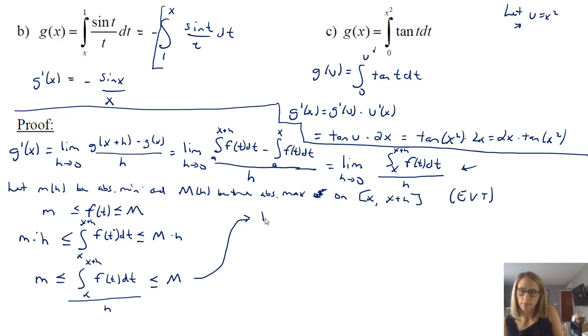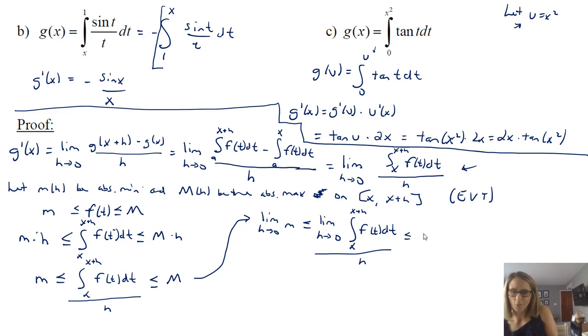Okay, we're almost there. We still have to take that limit. So we're looking at the limit as h goes to 0 of little m, less than or equal to the limit as h goes to 0 of the integral from x to x plus h of f of t dt over h, less than or equal to the limit as h goes to 0 of big M. Although little m and big M are constants, they lie within the interval x to x plus h, so as h goes to 0, these values approach the function on that interval.